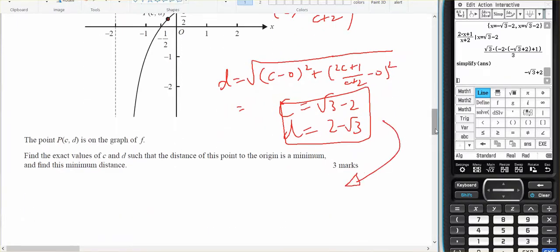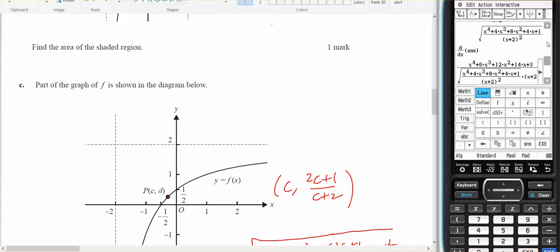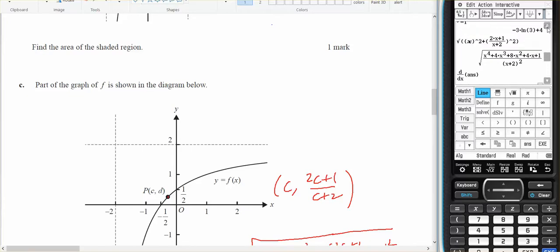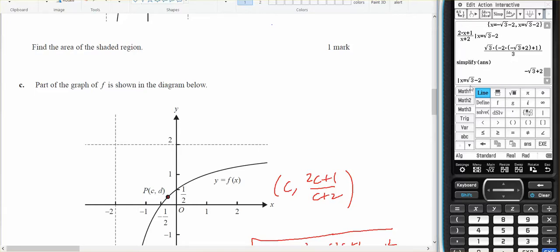And find the minimum distance. The minimum distance will be, if I take that distance expression, not the derivative of it, there it is there, that is the distance expression, copy and place it at the front.